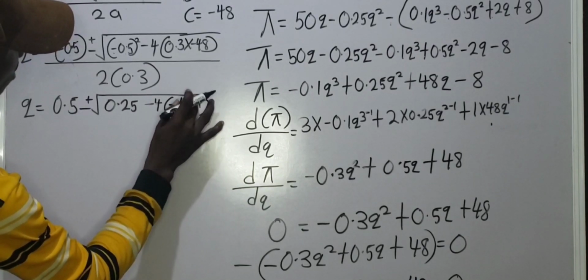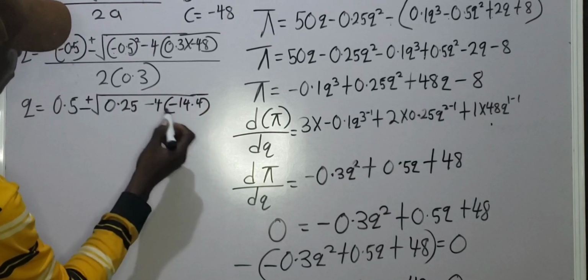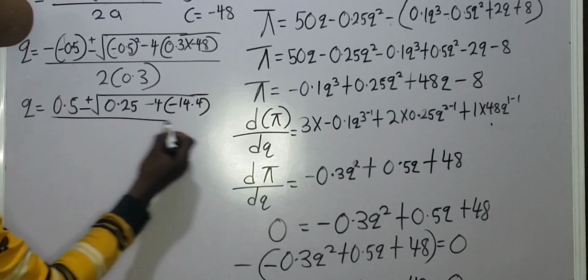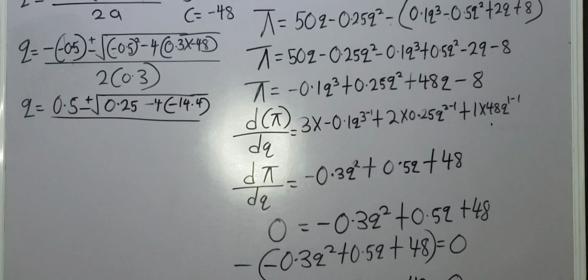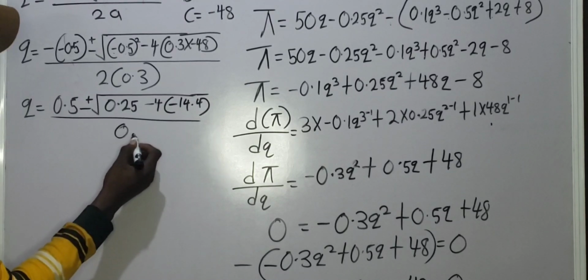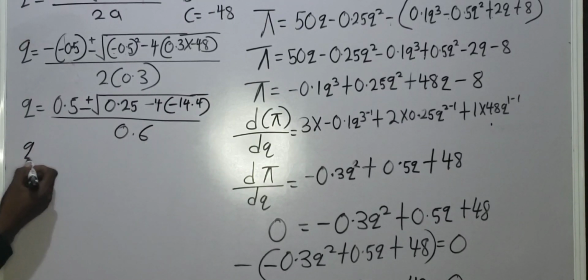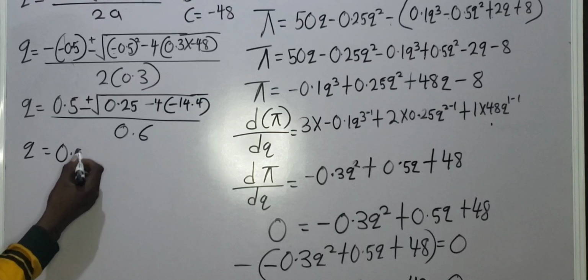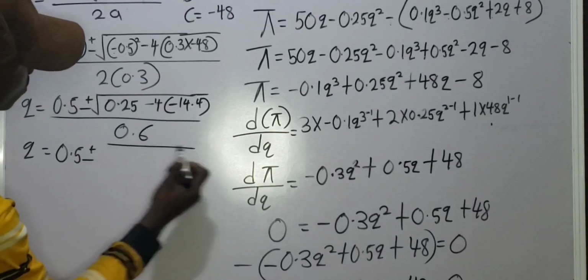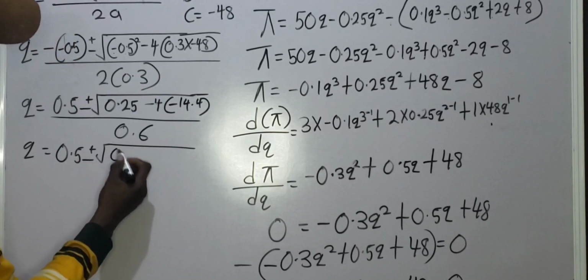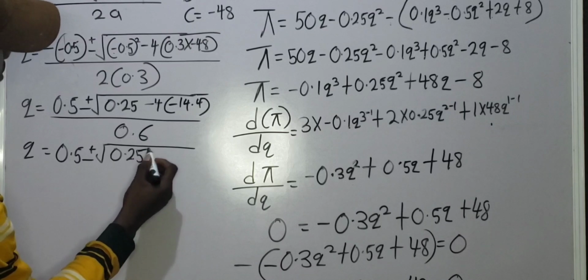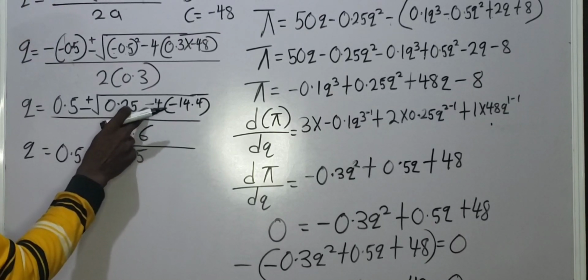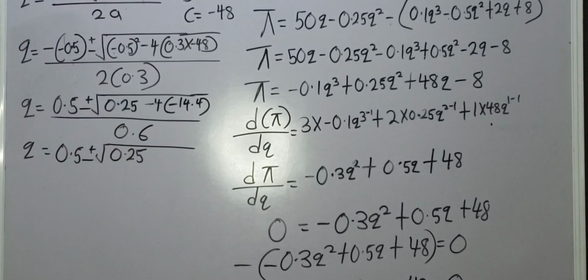Don't get confused. Now 2 multiplied by 0.3, that is 0.6. So I'm going to have 0.6. Now q will be equal to 0.5 plus or minus the square root of 0.25. Now minus 4 multiplied by minus 14.4, that is 57.6.